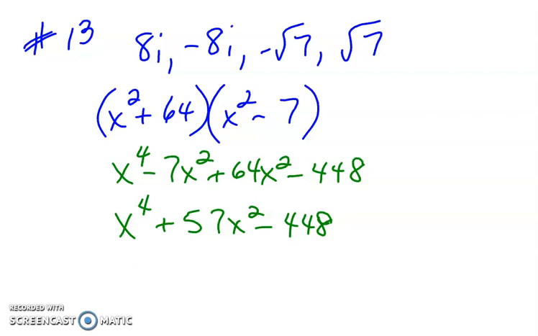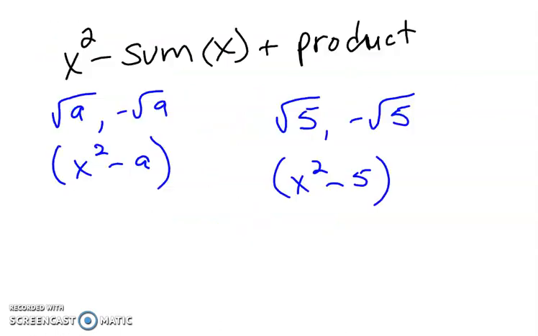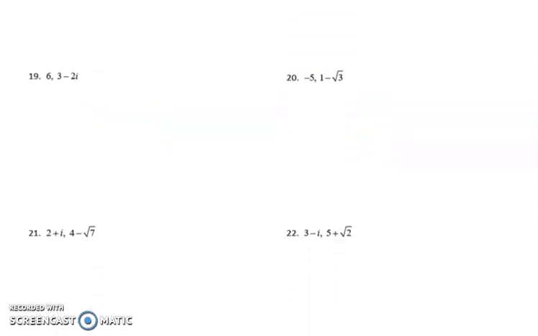Now, if you have a binomial zero, such as number 19, take a look at number 19. This is where the x squared plus the sum x plus the product comes in.